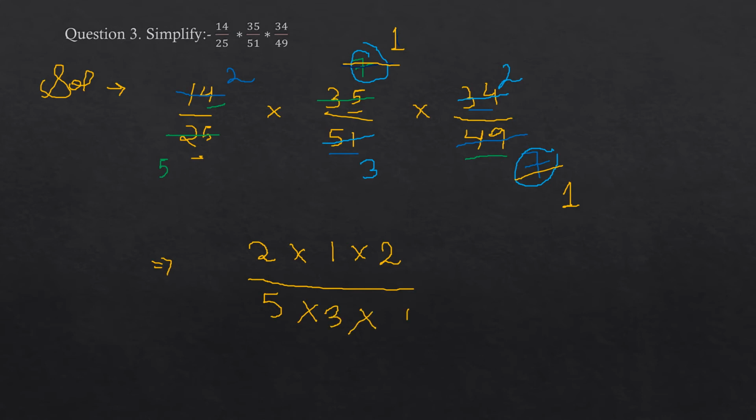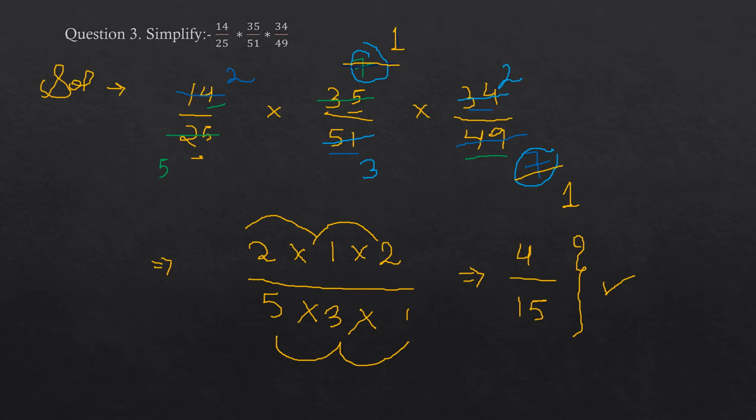Okay, now we will simply multiply them and we will get the answer. 2 into 1 gives us 2 and again 2 into 2 gives us 4. Therefore this will be equal to 4, and here 5 into 3 gives us 15 and 15 into 1 gives us again 15. Therefore 4 by 15, and now you can see here 4 and 15 do not have any common factor, right? Therefore this is irreducible and standard form.